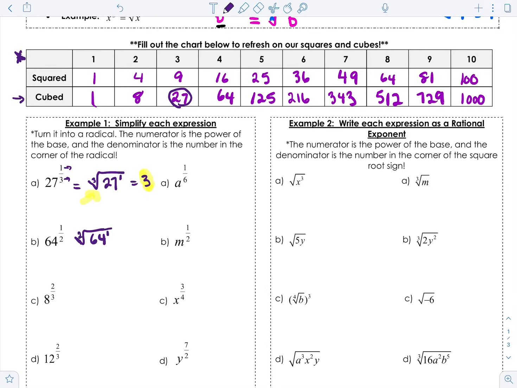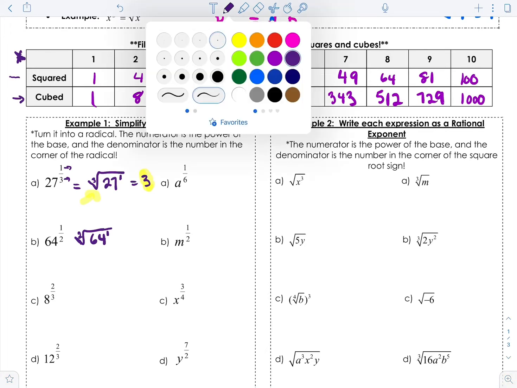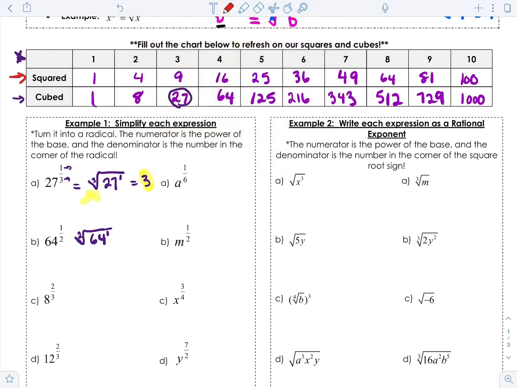We're asking ourselves, what times itself will give us 64? When we look in our squared column, we're looking for 64, which is right here. So 8 times itself gives us 64, and that's why our result here is 8.